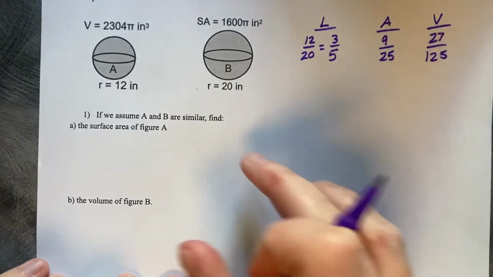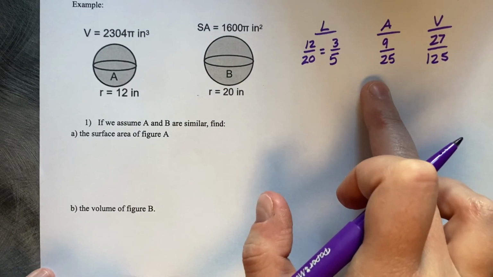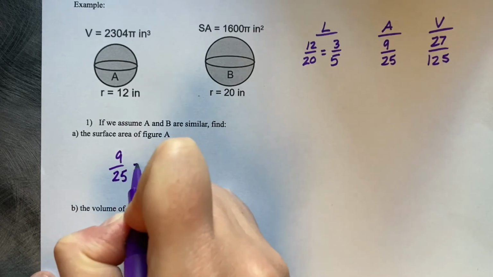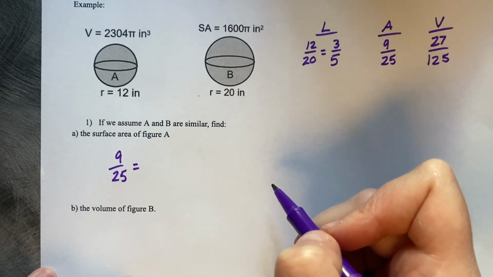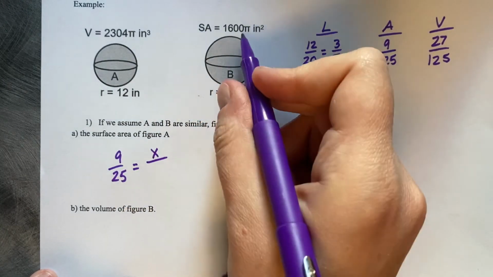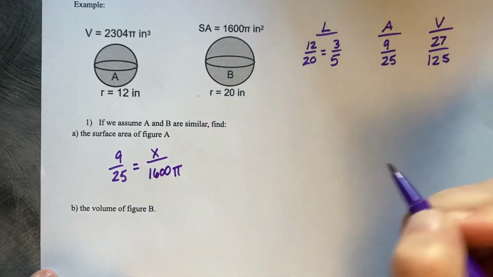So if we want to find the surface area of figure A, we're going to be using the area proportion. So we're going to have a 9 to 25 relationship between the areas. I don't know figure A, so that's the piece that's missing. I do know figure B, which is 1600 pi.